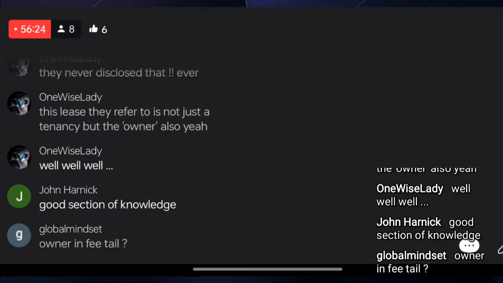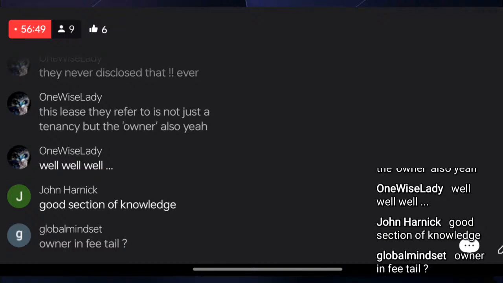The owner in fee tail is considered a residuary beneficiary. They only receive what's left after either the death of the fee simple owner or some type of reversion or unpaid balance of dues, something along those lines. The owner in fee tail is essentially the one that gets it after that length of time and all that, and only has a contingent remainder interest in the property.